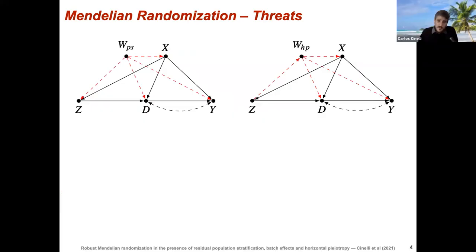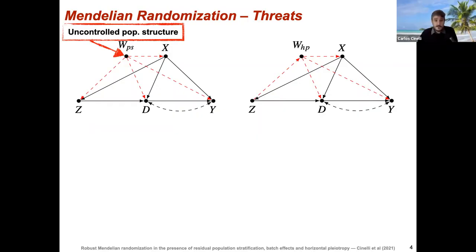So more precisely, we have two main threats to the validity of the MR estimate, and this is how they look in a DAG. In the DAG on the left, although we adjusted for X, we still have some residual population structure due to an unobserved variable, which I'm going to call here WPS.